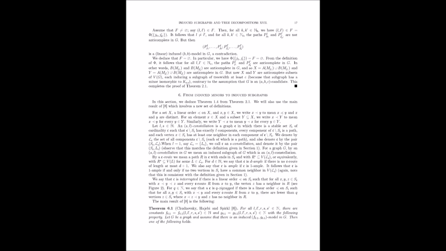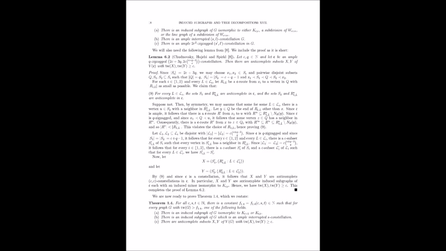What if G contains a structure that has a complete bipartite graph as an induced minor? Ah, induced minors. Those are formed by deleting vertices and contracting edges, but no edge deletions allowed. Precisely. So it's kind of like a more restrictive version of a regular minor. Right. And so if it contains a structure with a large enough complete bipartite graph as an induced minor, then it must also contain two anti-complete sets with large tree width.